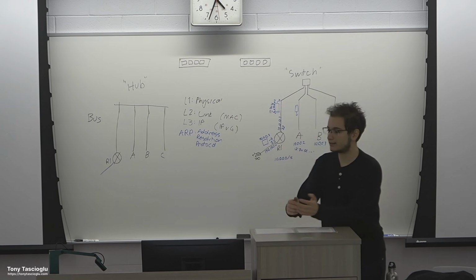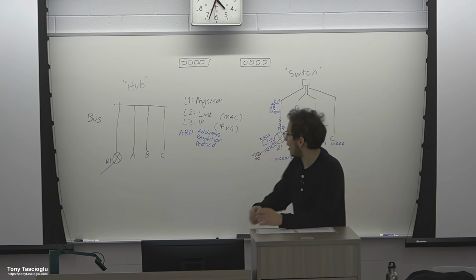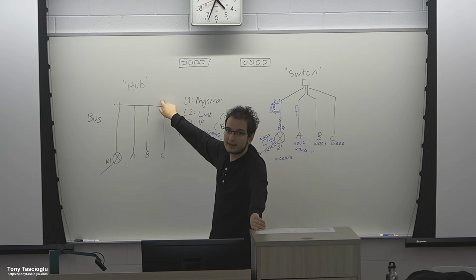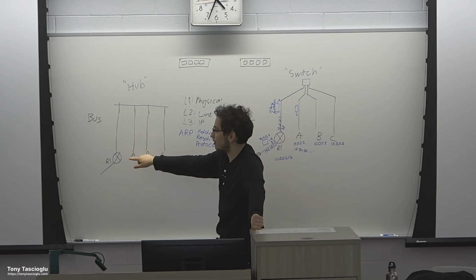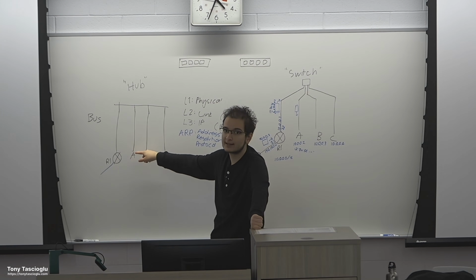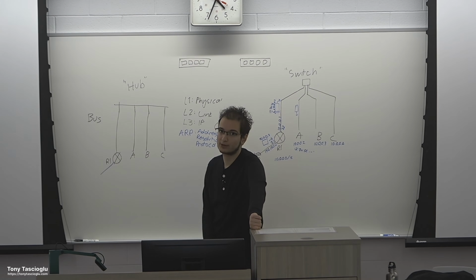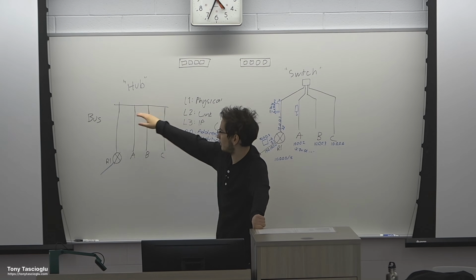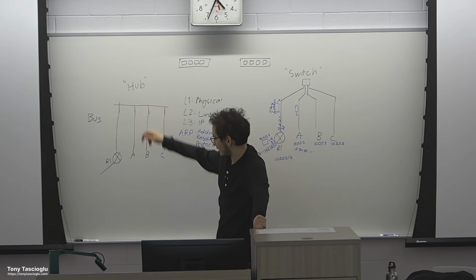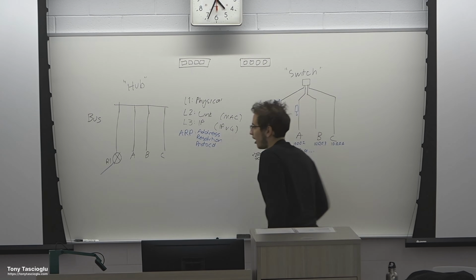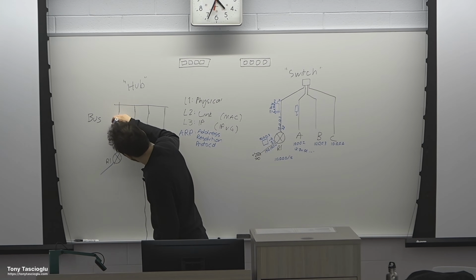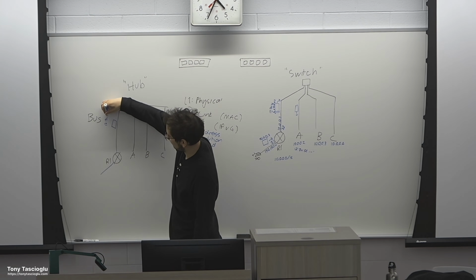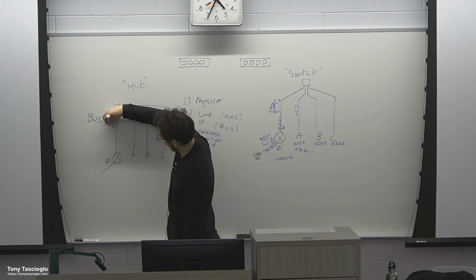But the one part that I have skipped in all of this is how the heck did the switch know where A is? On the hub, it's really easy. When the router finds out that A has MAC address 1, 2, 3, 4, 5, 6, it just sends it with MAC address 1, 2, 3, 4, 5, 6. And since everything's on the same internal network, on one bus, when R1 sends that same packet going to 1, 2, 3, 4, 5, 6 (of course, MAC addresses are longer than that), that's my outer L2 packet.